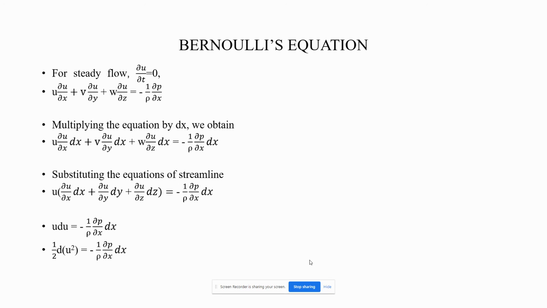Then we can obtain the equation as u du equals minus 1 by rho dou p by dou x times dx. We can write this in integration form as half d(u square) equals minus 1 by rho dou p by dou x times dx.